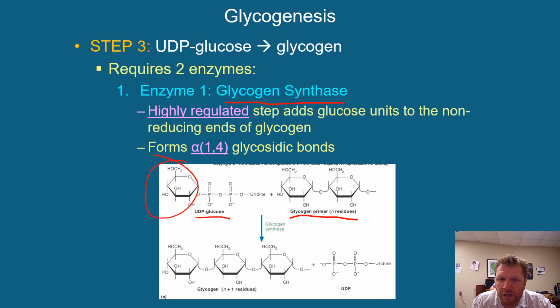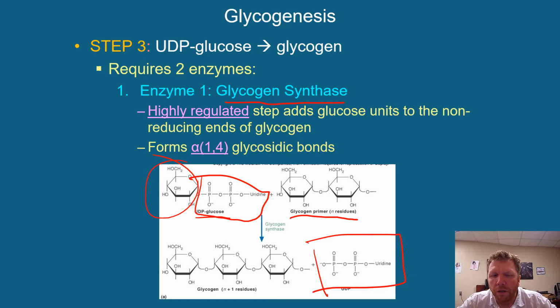What's released from this is our UDP molecule. This is going to form a straight glycogen chain, with alpha 1,4 glycosidic linkages.